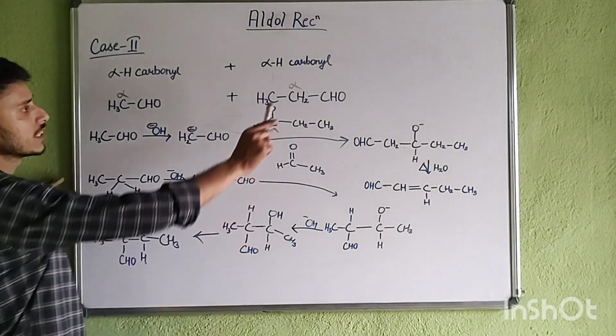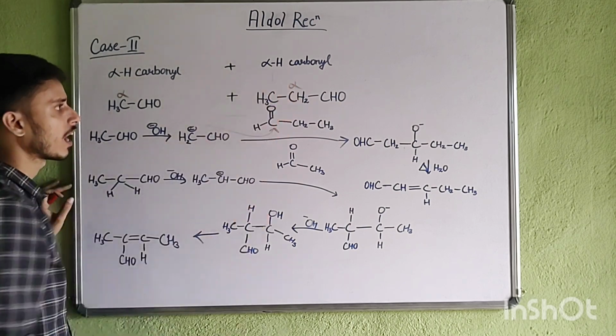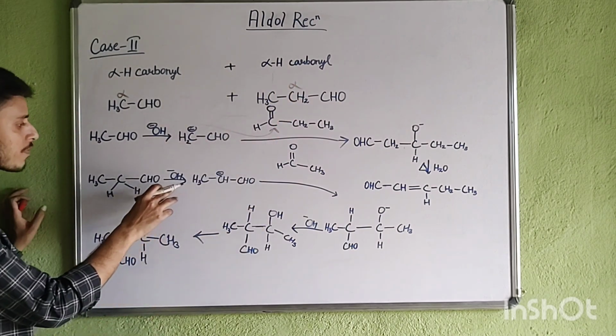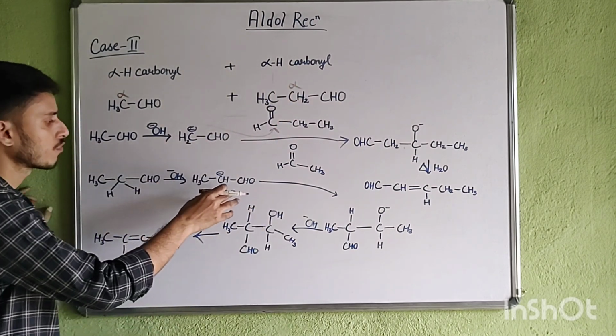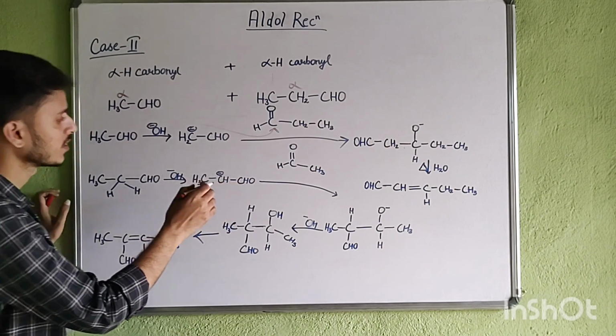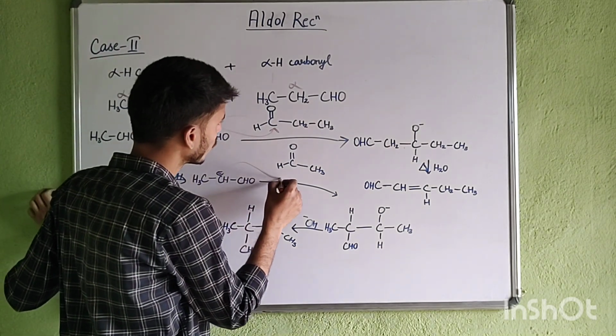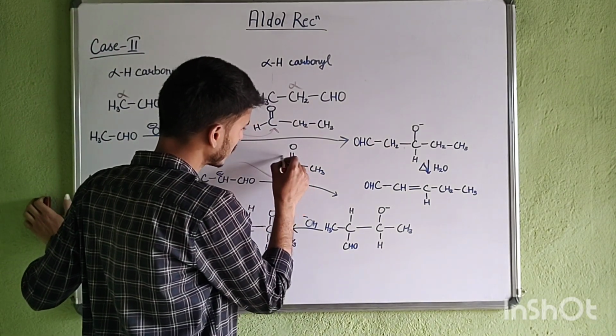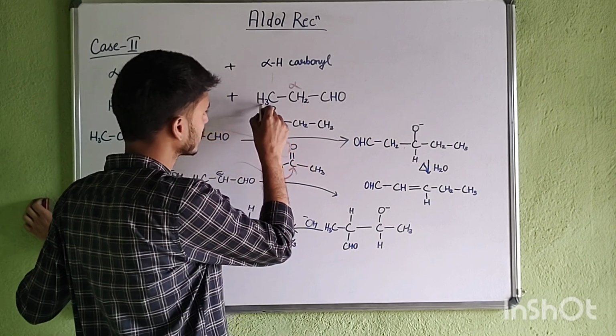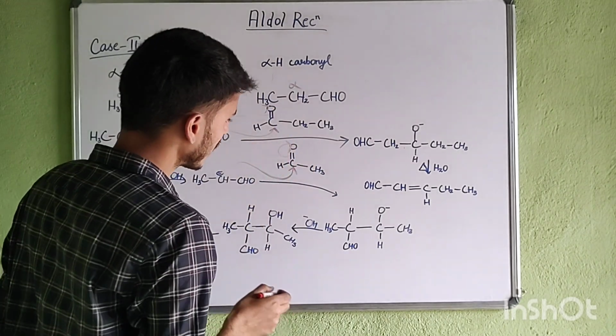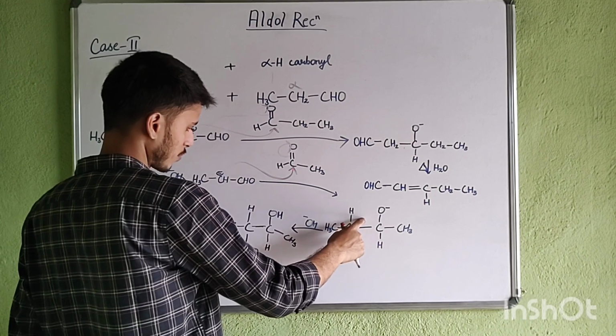When this hydrogen is extracted by OH minus, we will have this enolate, then this enolate will go and attack here. This will further move here, and then we will have this as the product.